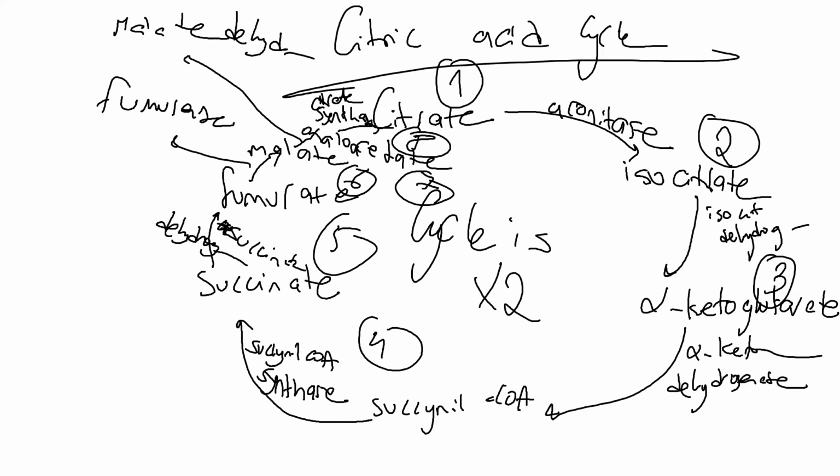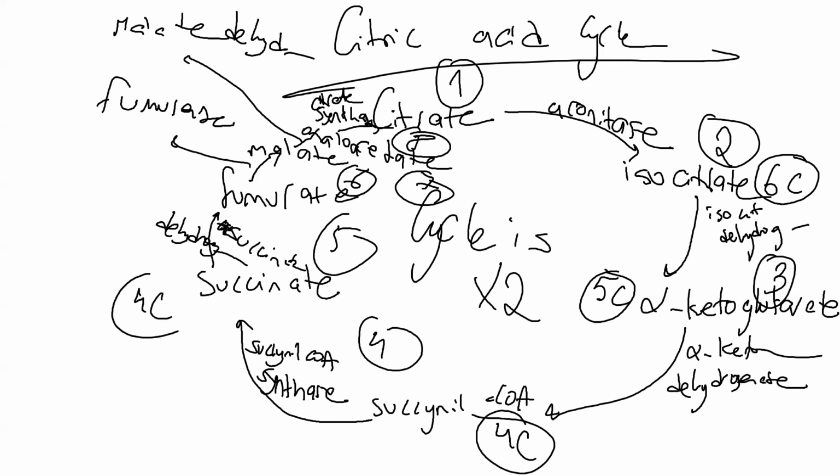So before we continue, the isocitrate is 6 carbons. The alpha ketoglutarate is 5 carbons. The succinyl-CoA is 4 carbons. The succinate is 4 carbons. The fumarate is 4 carbons.